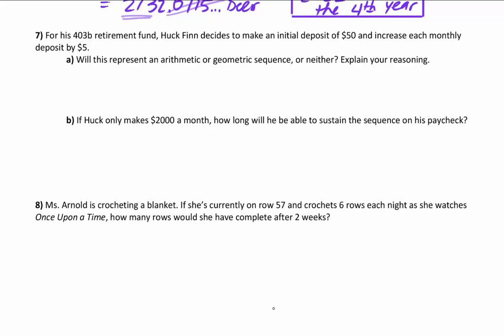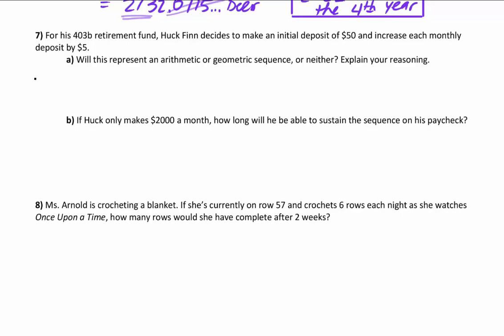Moving on to the last couple of questions. So for a 403B retirement fund, Huck Finn decides to make an initial deposit of $50 and increase each monthly deposit by $5. So will this represent an arithmetic or a geometric sequence, and why? And then we need to explain our reasoning here. So I'll make sure I try to type this out so we can read it a little bit clearer.